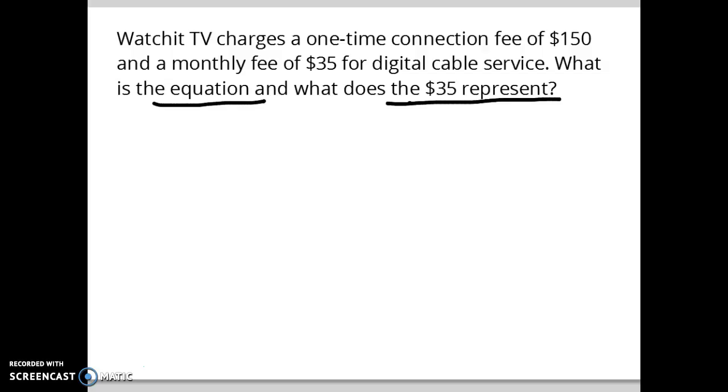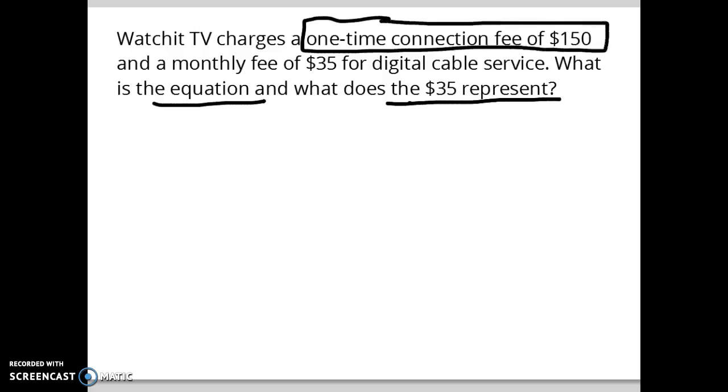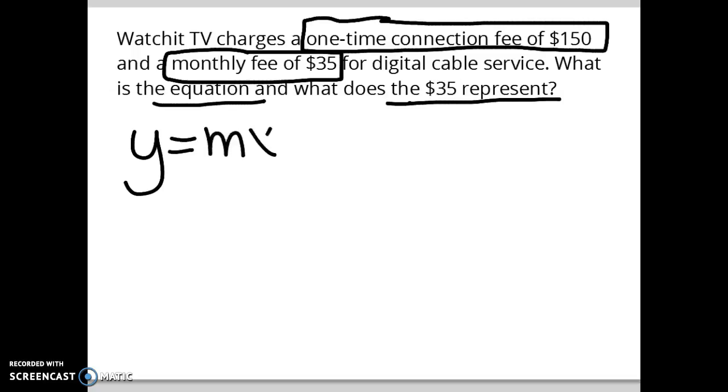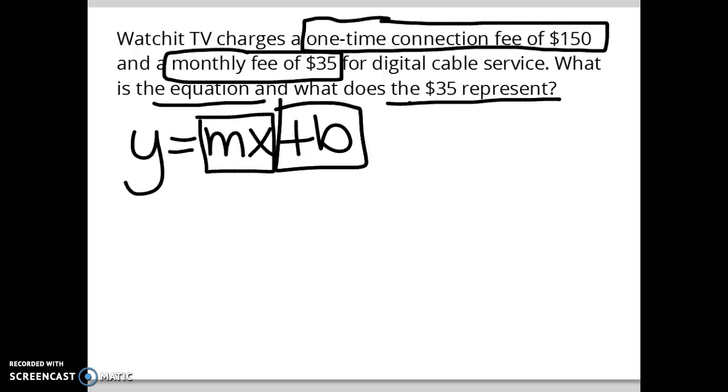Well, starting with the equation, we know that there is a one-time charge for a connection fee of $150. So it's not recurring. So we're not multiplying that. I know that there is a monthly fee of $35. That is recurring at a rate of $35. Remembering our slope-intercept form, which pair of numbers were being multiplied?